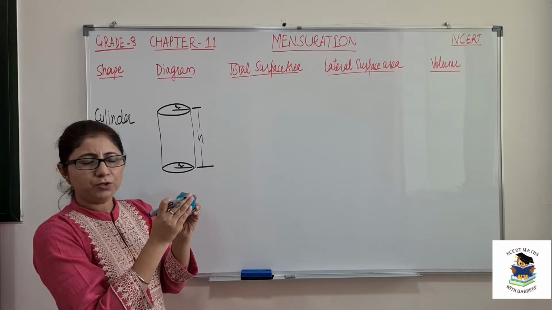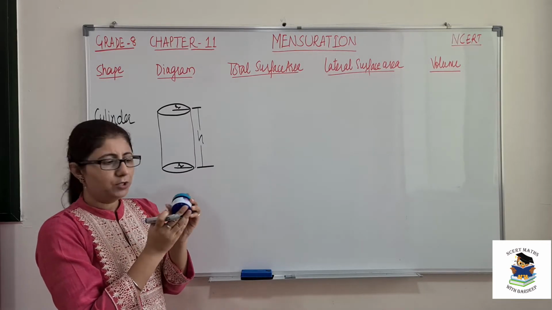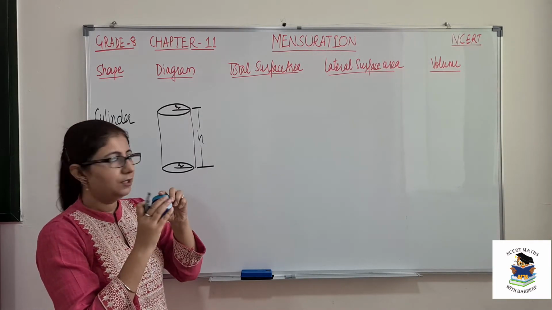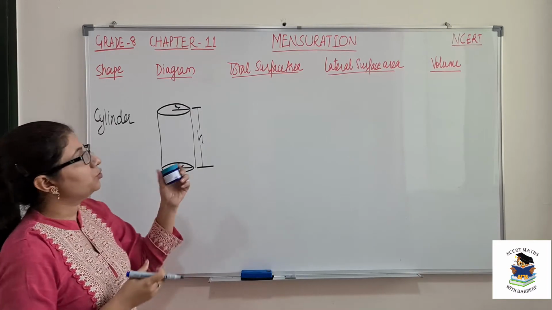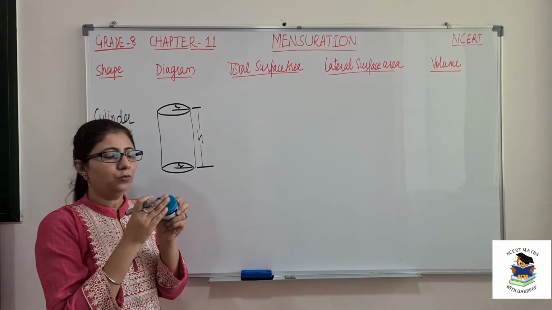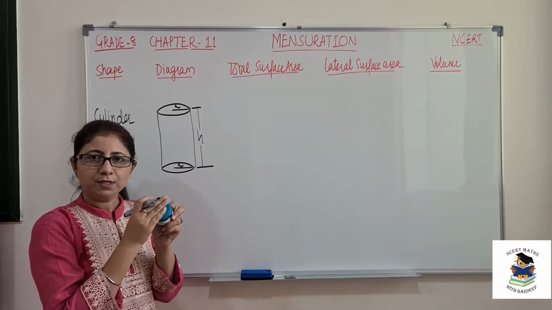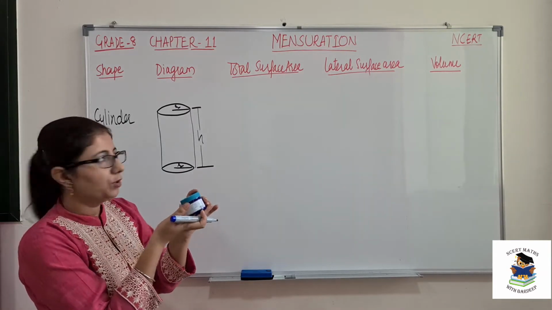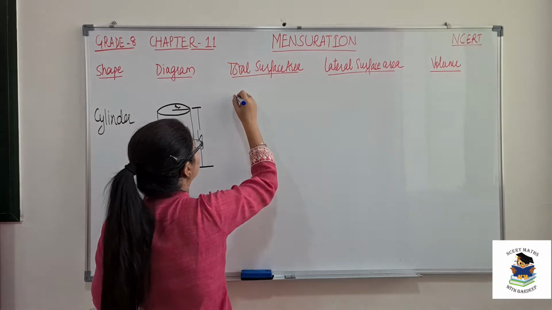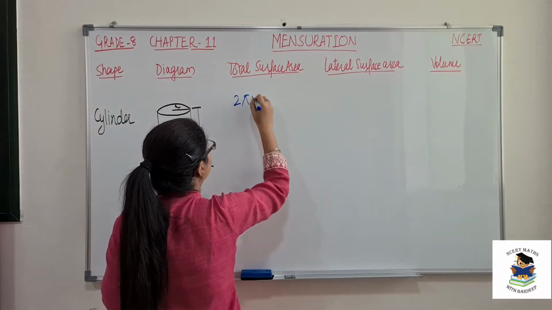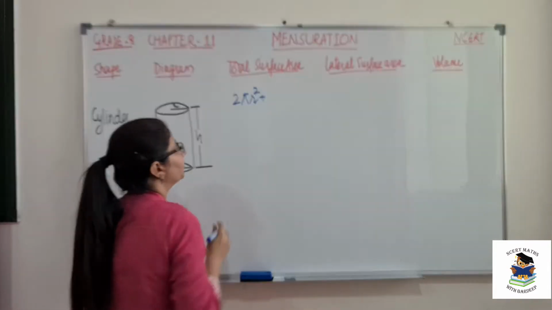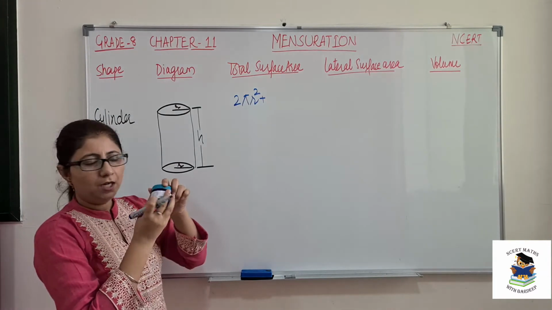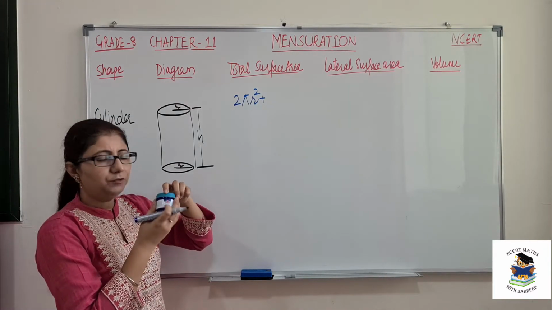This top is a circle, the bottom is also a circle and this is the rounded part. So what is the total surface area? We know the area of a circle is pi r square. Pi r square for this, pi r square for this. So I have 2 pi r square. But what is the area of this curved part?